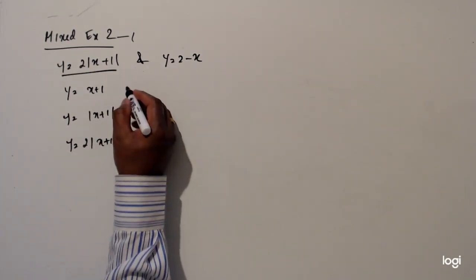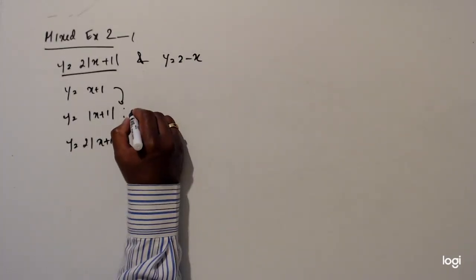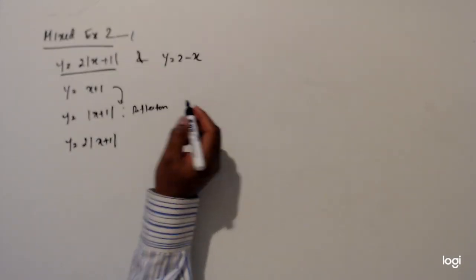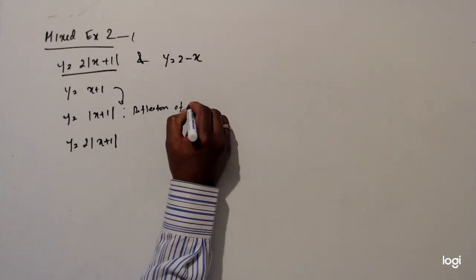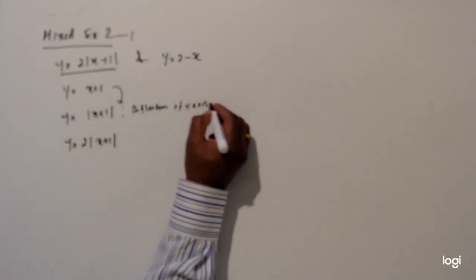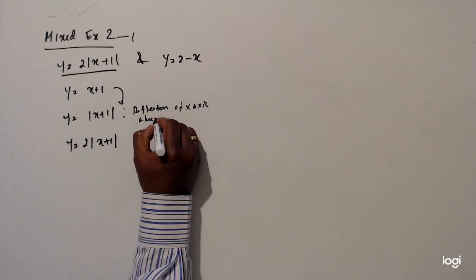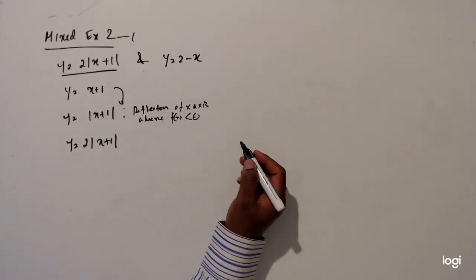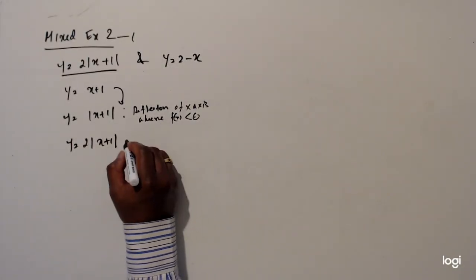So this is from here to here. This is a reflection in the x-axis where f(x) is less than 0, and we discussed this one earlier.